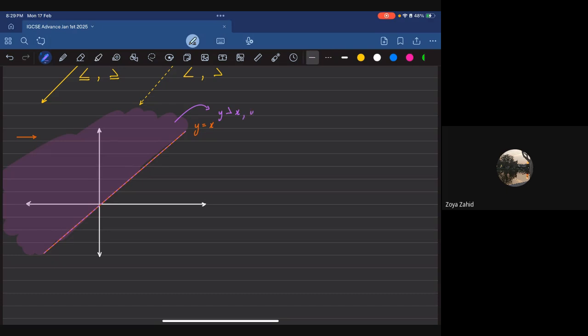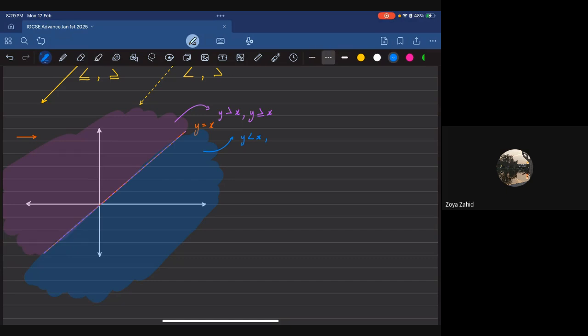So, regardless of that, y is greater than x. At the same time, if I am shading below the line, like this, that indicates that you have just shaded a region described by the inequality y is less than x, or x is greater than y.